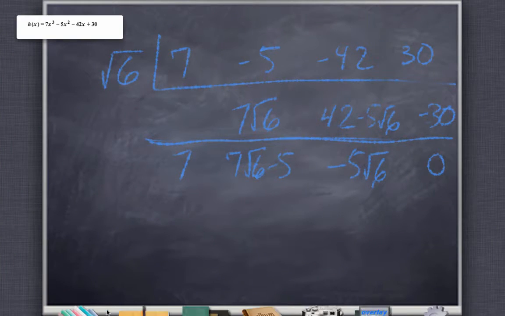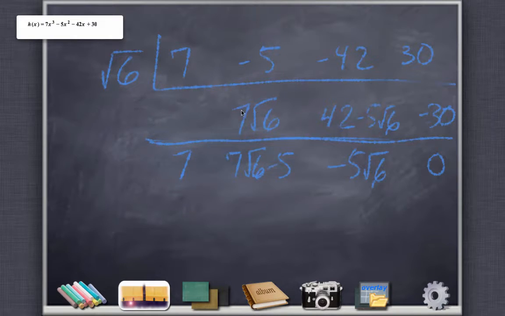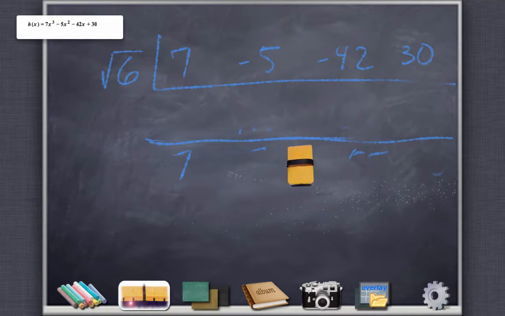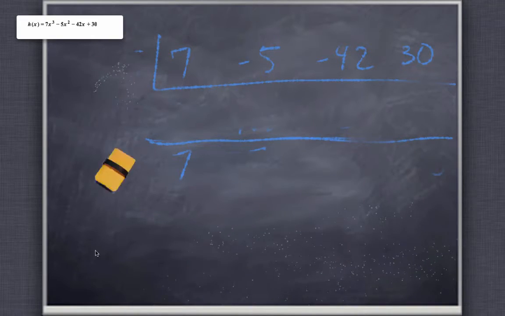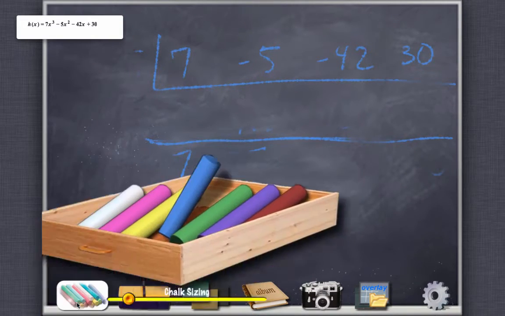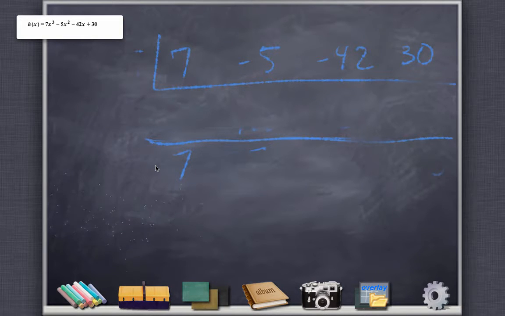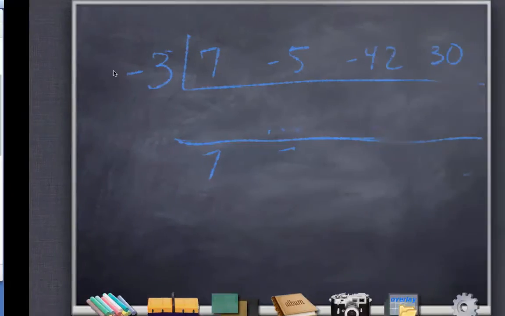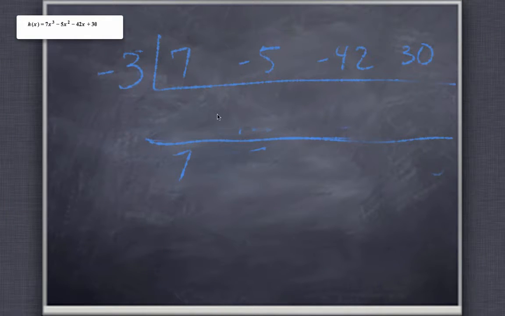Negative 3. Seven times negative 3 is negative 21. Add those. Times negative 3 is positive 78.